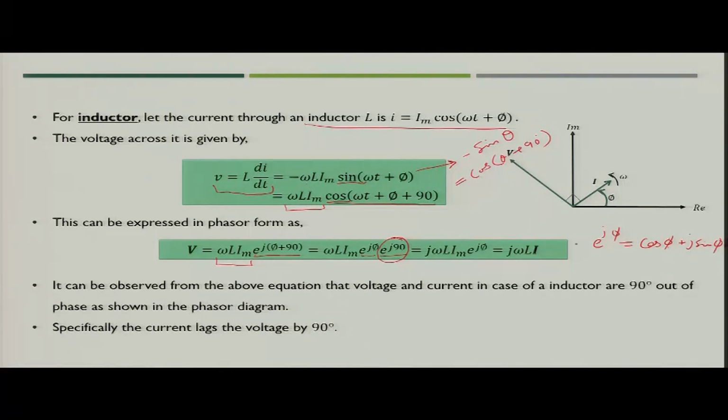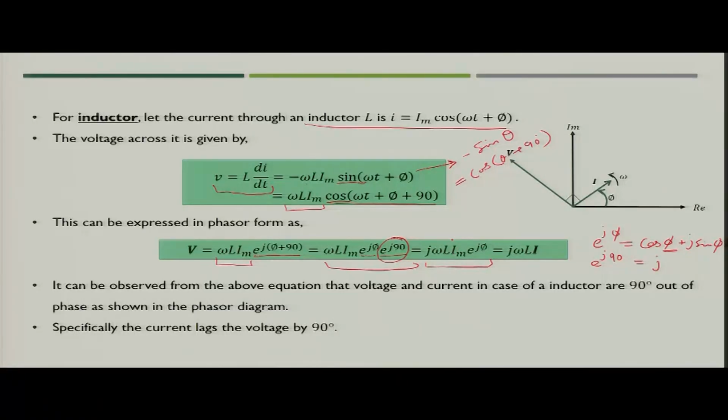So, instead of phi, if you write 90 degree, e to the power j 90 will become j, because cos 90 will be 0, so j 90 will be simply j.